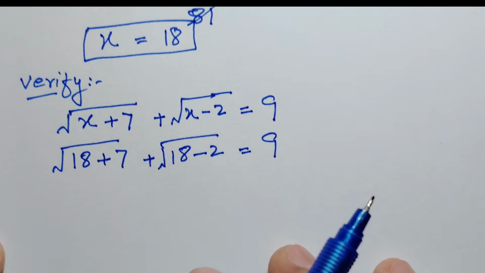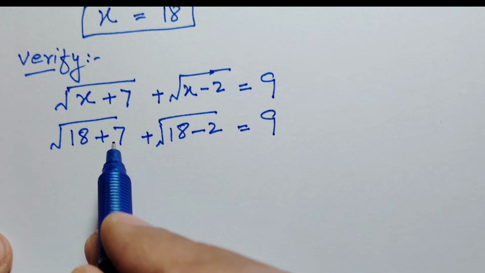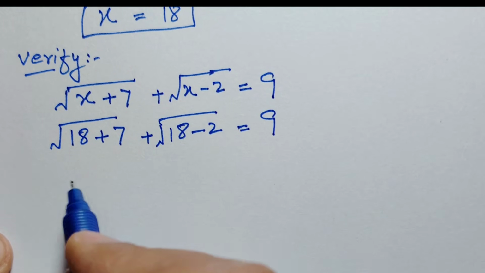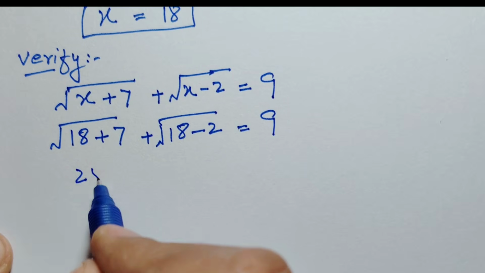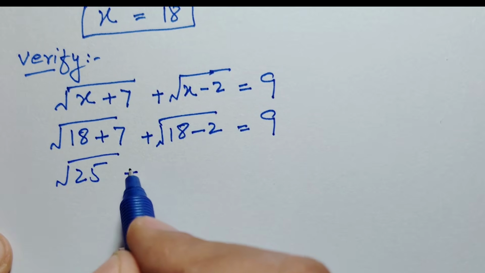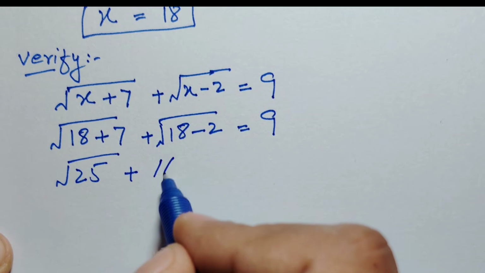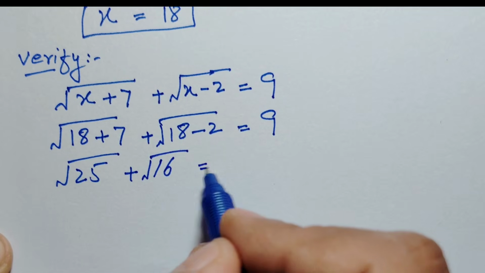Now 18 plus 7 is equal to 25. Now here square root of 25 plus 18 minus 2 is 16, square root of 16.